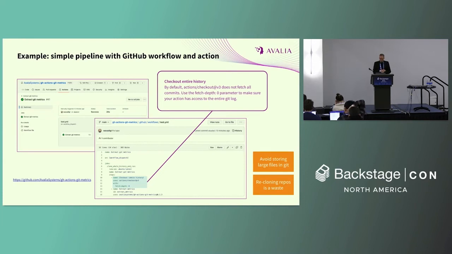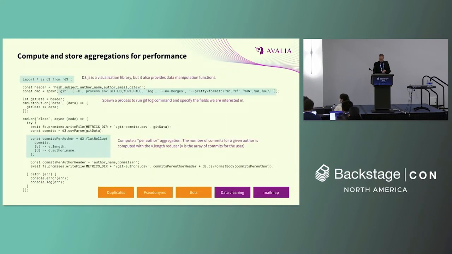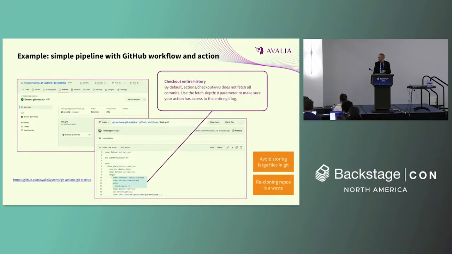I run the command, and again, I store the metrics files directly in Git. Why is it not a good idea? Well, it depends on the kind of file that you generate, but if you generate files that are bigger than a few kilobytes, then it's certainly not a very good idea to use Git.